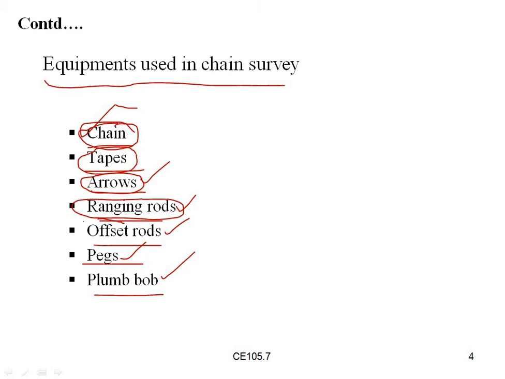Offset rods are used for setting right angles. Pegs are used for fixing the center point. And the plumb bob is also used for taking the center point and marking the approximate center of the point. So these are the equipment we use in the chain survey.